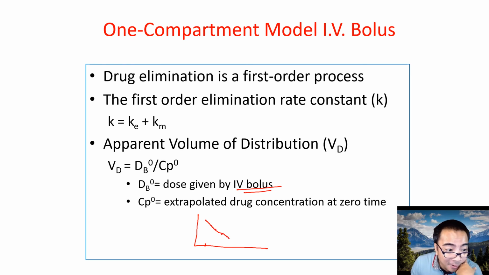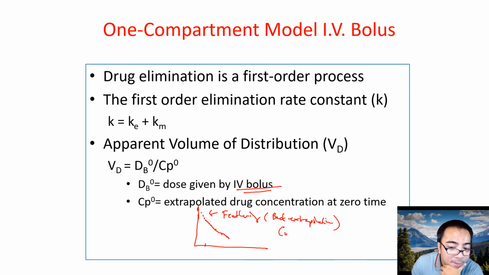How do we therefore get the concentration at zero time? Since this is a line, class, we can just simply extrapolate or assume the concentration at zero time. So, we do back extrapolation. We call this feathering, or back extrapolation, to determine Cp sub 0, or the concentration at zero time.